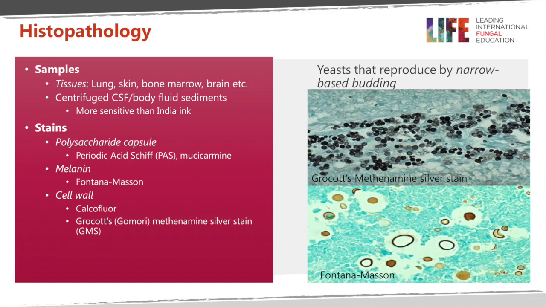So here I've listed the various stains that can be used, and on the right hand side of the slide we can see the familiar Grocott's methenamine silver stain that's used for highlighting fungal structures in tissue sections, and here we can see these dark brown, nearly black structures that show the presence of the yeast. But using a stain specifically for melanin in the cell wall, the so-called Fontana-Masson stain, we can see here the cell wall of some of these yeasts is certainly shown very clearly.